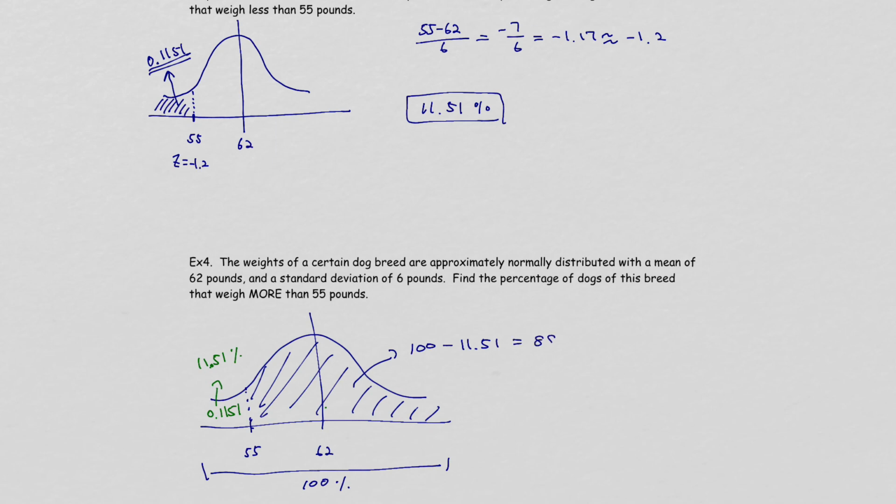So the other side, more than 55 pounds, is 100 minus 11.51, which is 88.49%. So you could say 88.49% of dogs weighed more than 55 pounds.